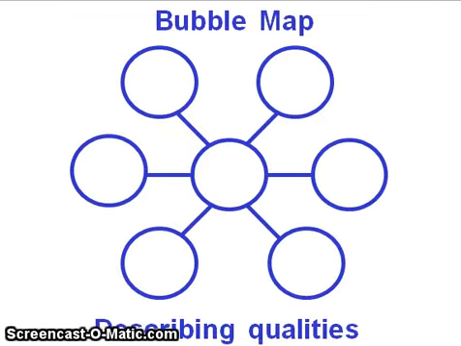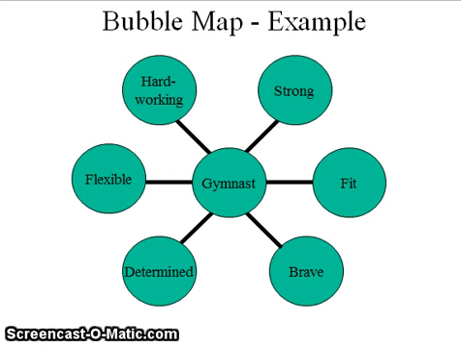The first is a very simple map for a very simple thought process, that of describing qualities. The bubble map is sometimes used instead of a spider diagram. But the bubble map is specific, and it's asking for qualities of the central theme.